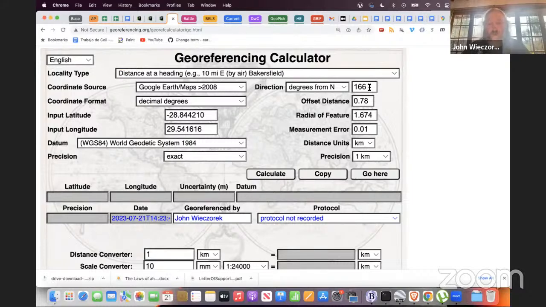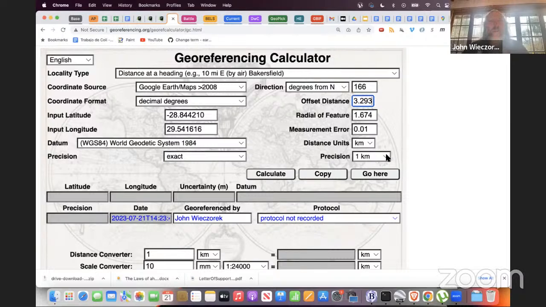166 degrees from north. And our offset distance was 3.293, if I remember correctly, in kilometers. And our radial for Winterton is still 1.674 kilometers. My measurement error, personal measurement error, is still 10 meters, so 0.01 kilometers.